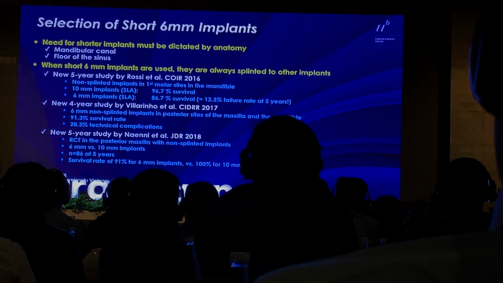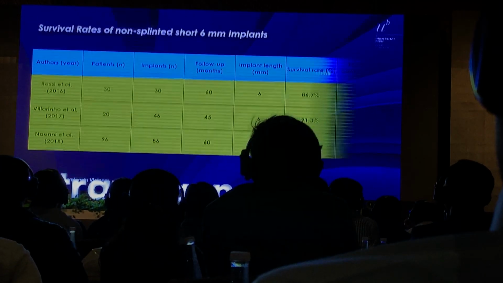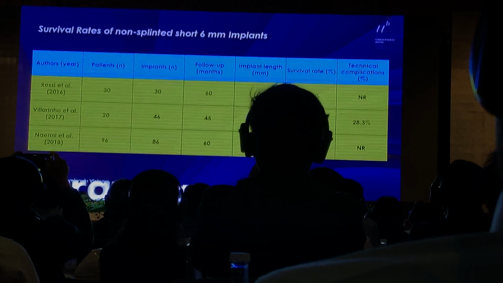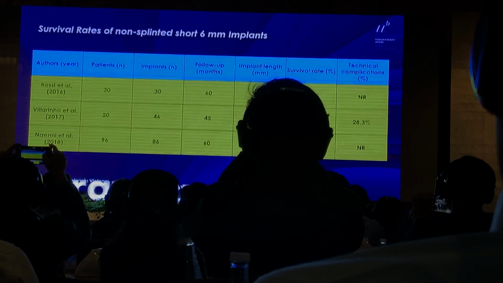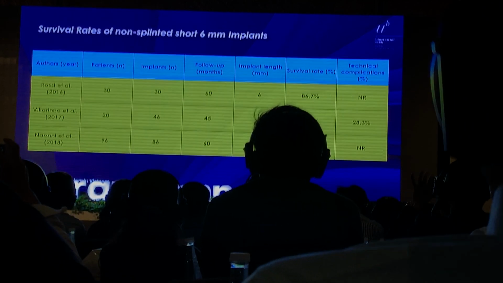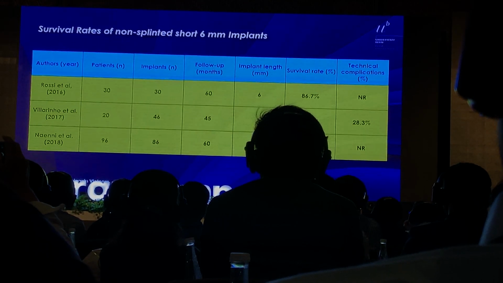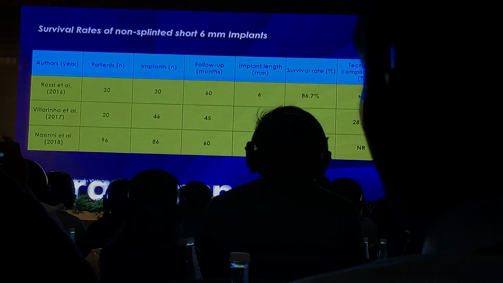One paper is from 2016, one from 2017, one from 2018. In the table you see one is from Italy, one is from South America, one is from Zurich, Switzerland. And you see the failure rates are between 9 and 9% at 5 years. That's a much higher failure rate than normal. So non-splinting I would not do in a normal patient.